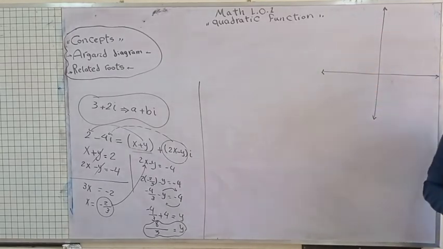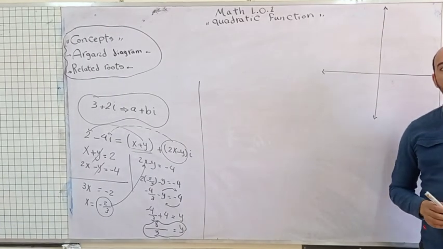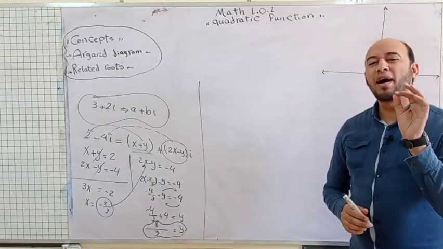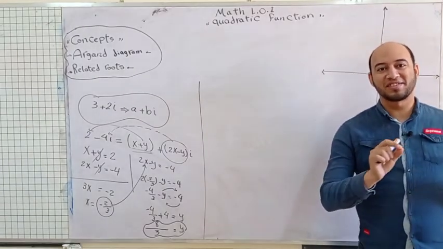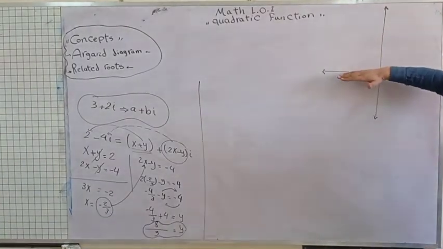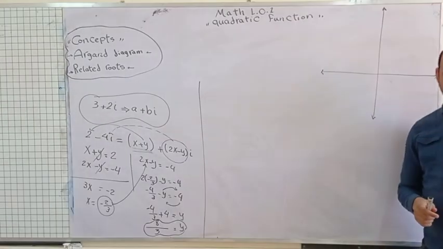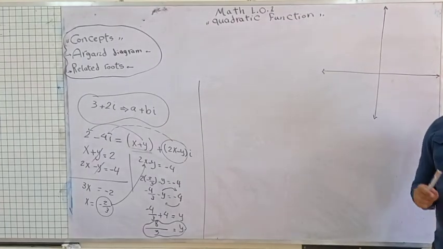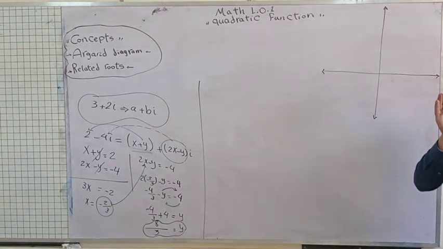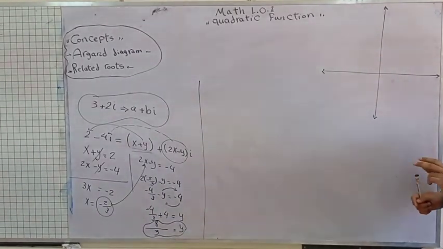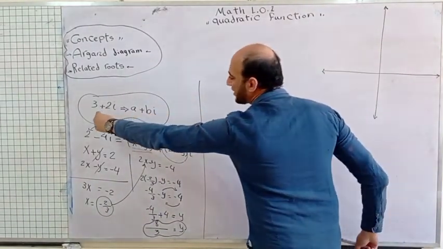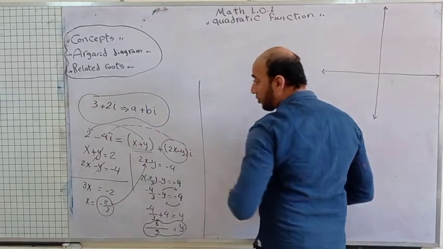The horizontal axis represents the real part of the complex number. This axis is not the x-axis as we know. It is the real part axis, then we will represent this number as an ordered pair.